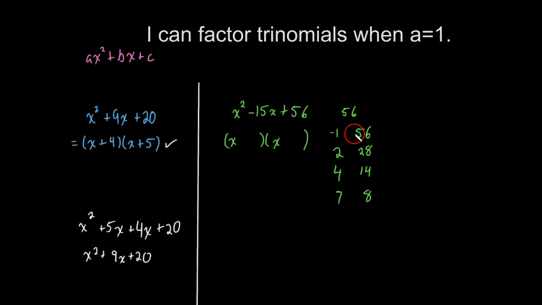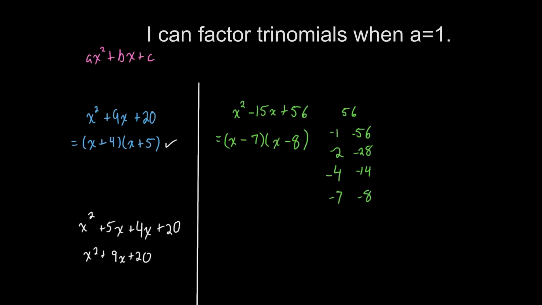So we could also include the negatives of all these numbers as factors, because a negative times a negative gives you a positive. So which one of these sets of factors adds up to negative 15? Well, that's going to be negative 7 and negative 8. So it'd be x minus 7 and x minus 8, and this would be our factored trinomial, instead of 2 binomials multiplied by each other.